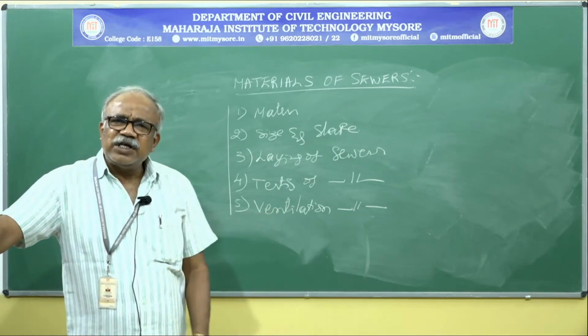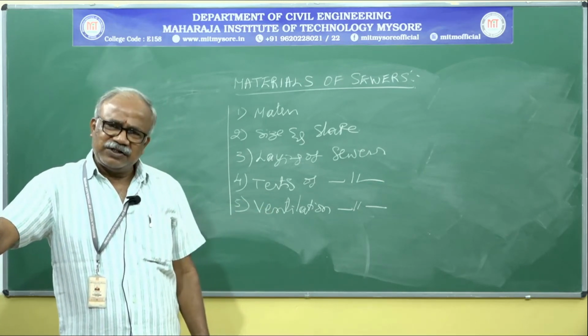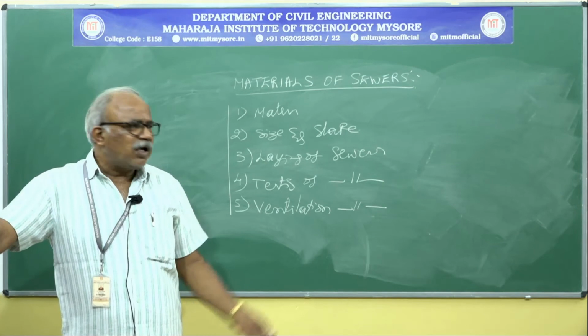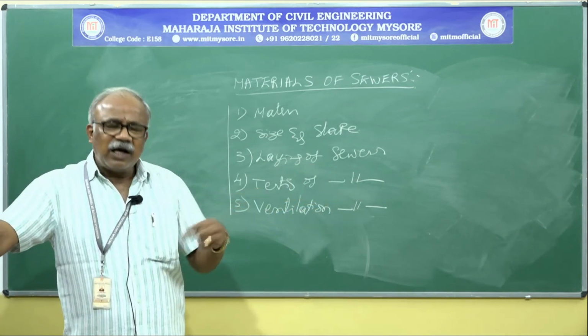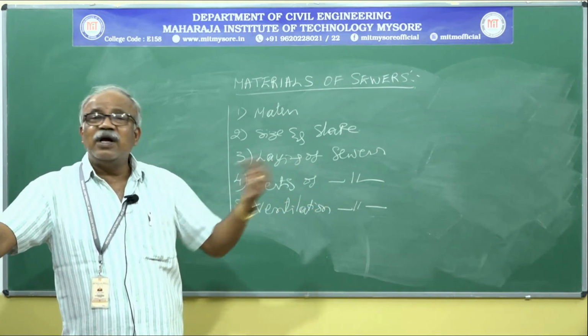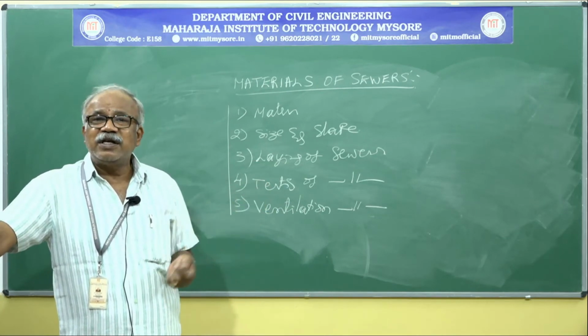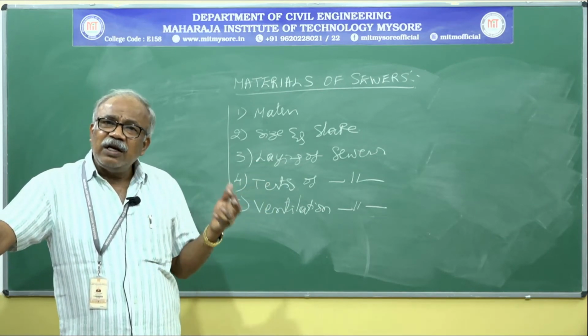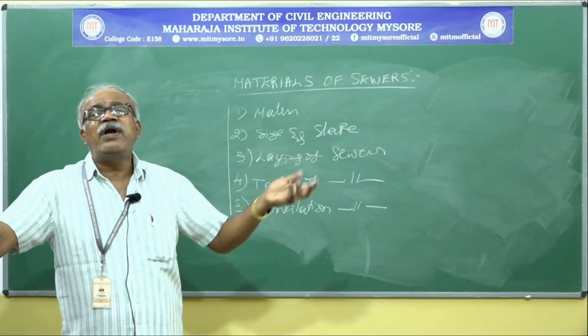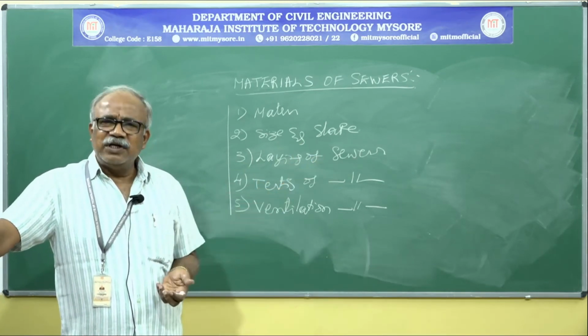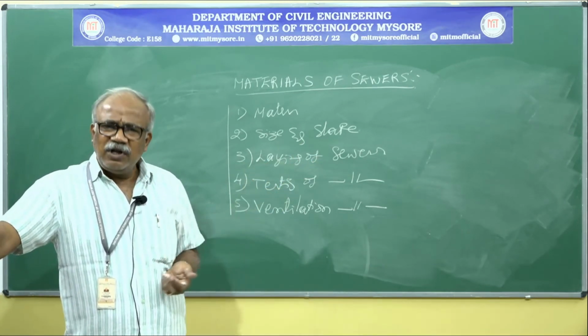The wastewater consists of different characteristics, because we are not collecting the wastewater from a single residence or single industry. We collect the wastewater from different industries, different residential areas or different community halls.